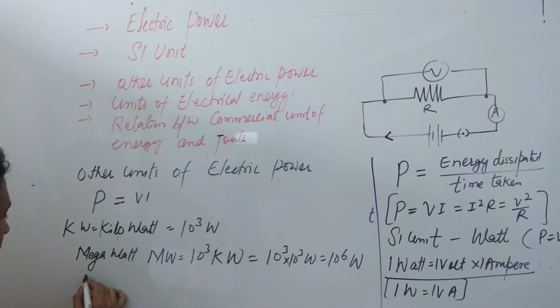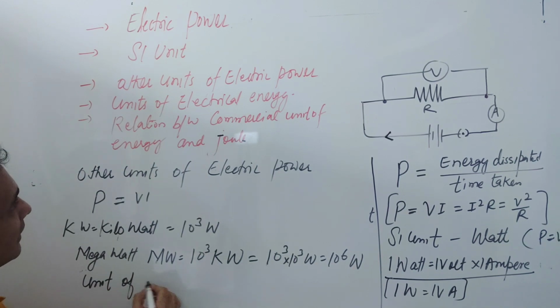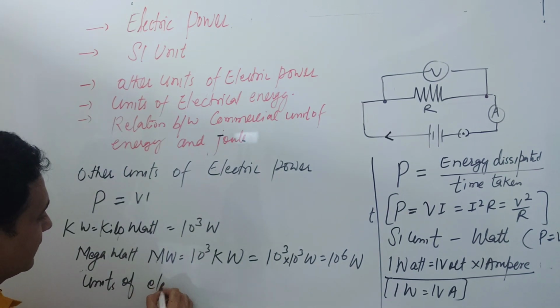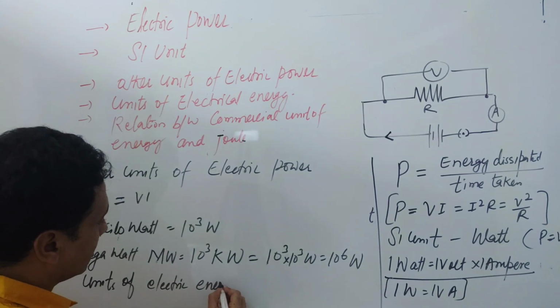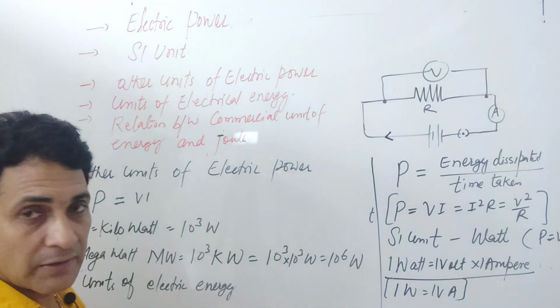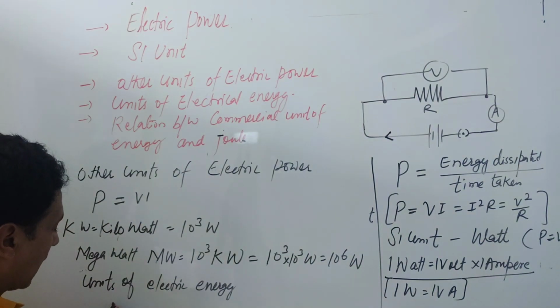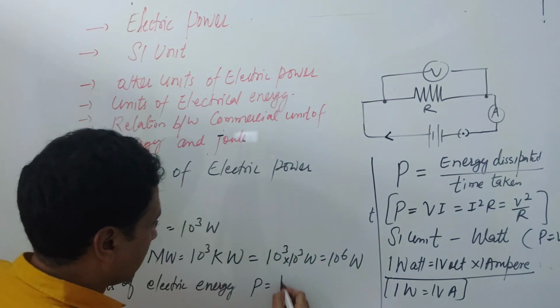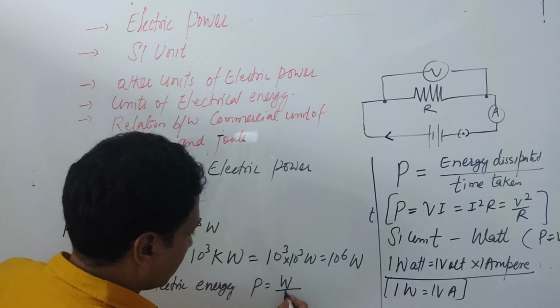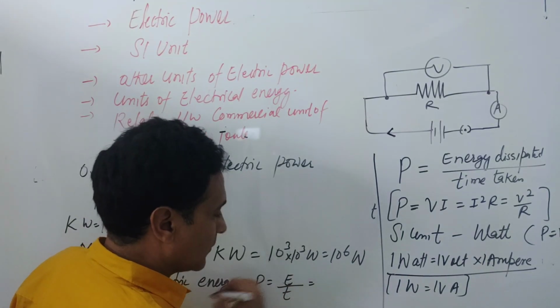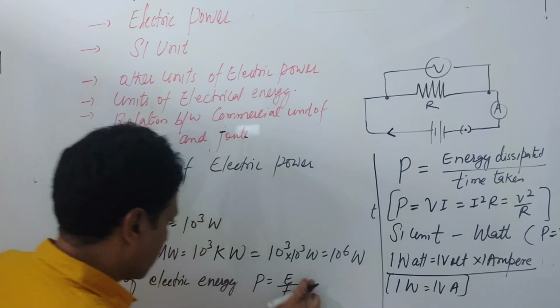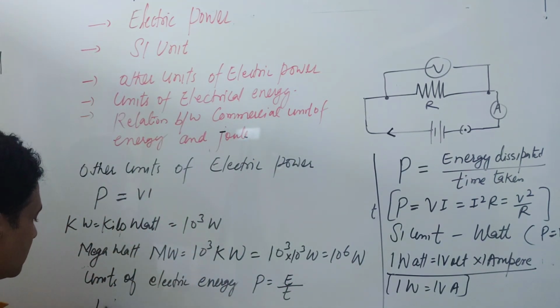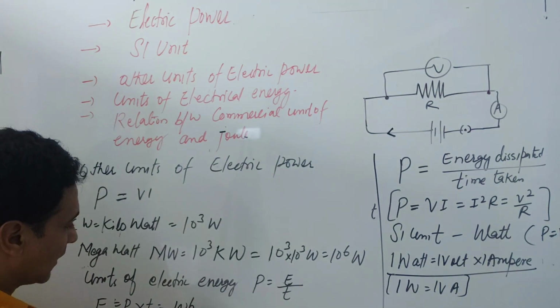Units of electric energy. You know the formula is power is equal to rate of energy, so to find the unit of electric energy, E is equal to P into time. Its unit is power, which means watt, times hour, so watt hour.